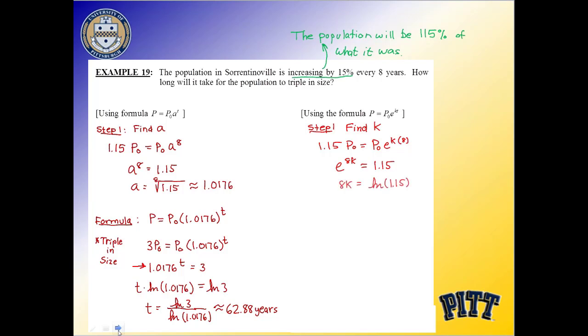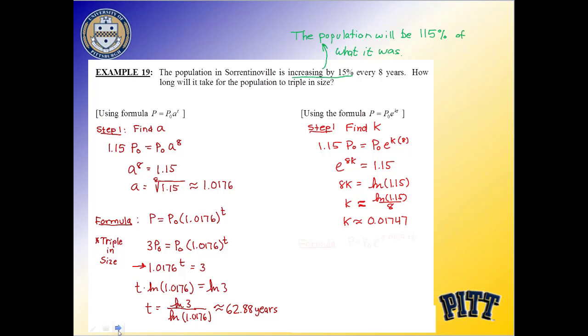I would natural log both sides to get that 8k equals natural log of 1.15, which means k would be the natural log of 1.15 over 8, which is about 0.01747. Which is good for me because that still indicates a growth because k is positive. If k is negative, that would indicate a decay.